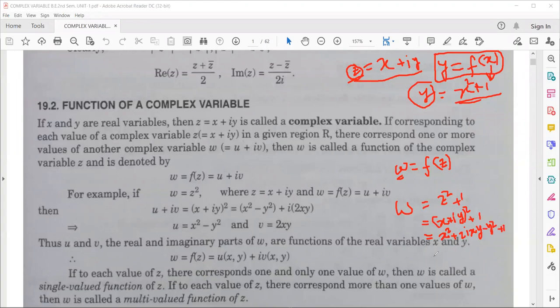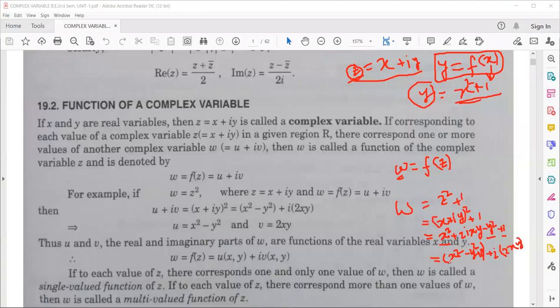Now write the real part together and the imaginary part together. The real part is x square minus y square plus 1, and then plus i times 2xy.